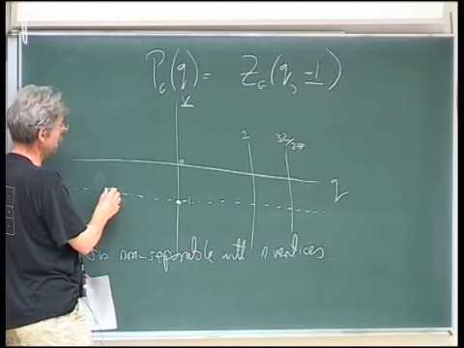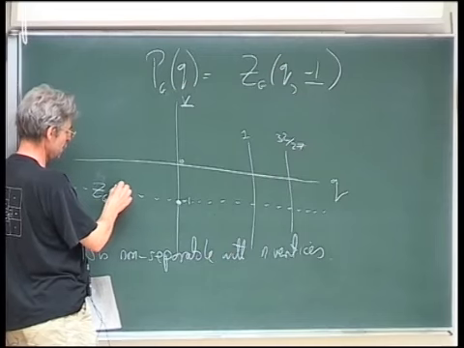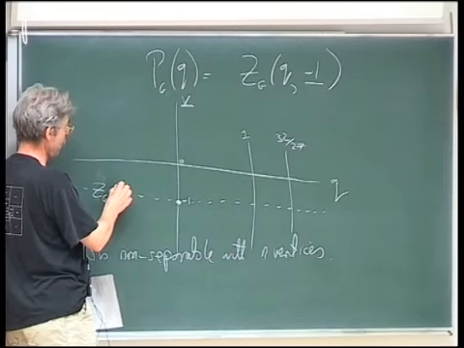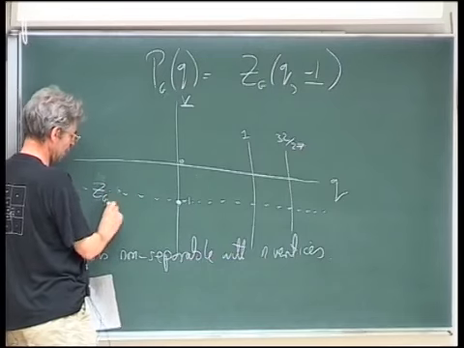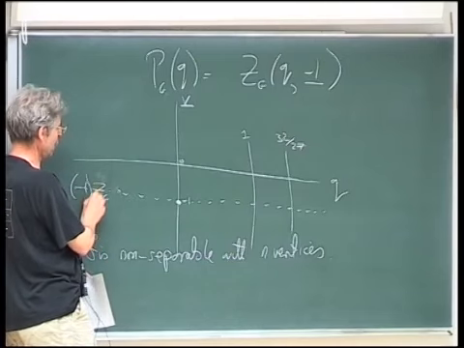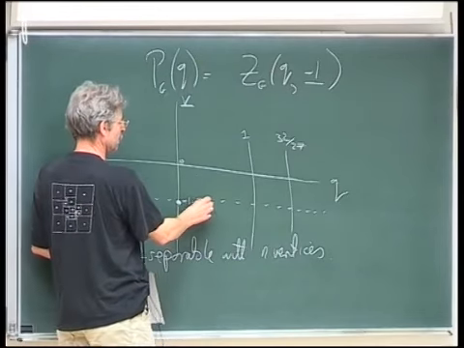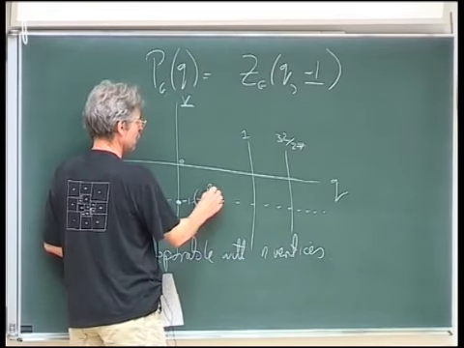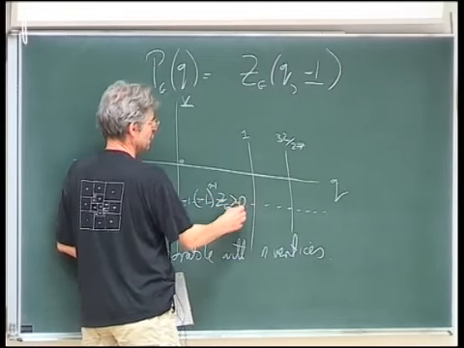And we know that along this line, minus 1 to the n times Z_J is greater than 0. And here we have minus 1 to the n minus 1 times Z_J is greater than 0.